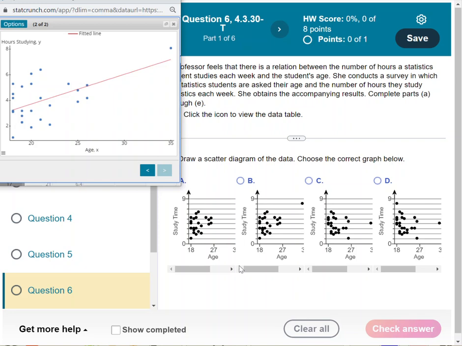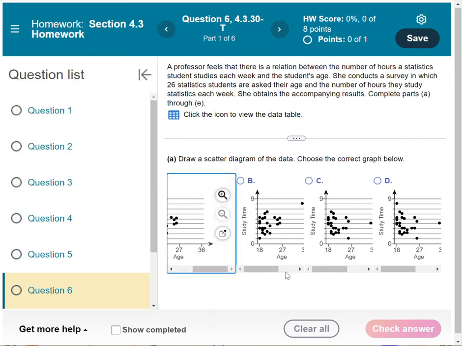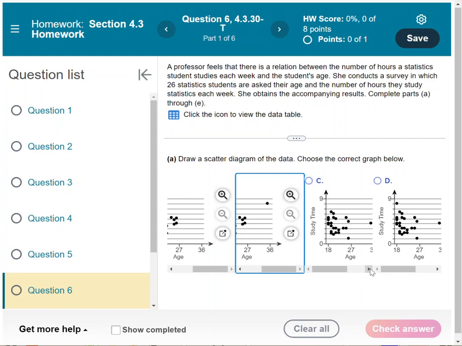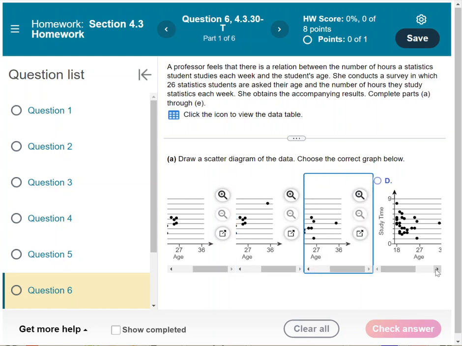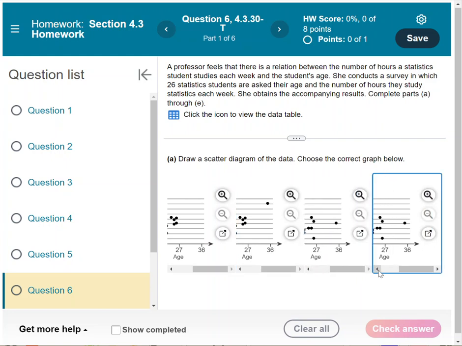Alright, so let's see if we can figure out which one is the right graph here. So we might need to go to the right to help us see this. There's an outlier on the very right, so it could be that one, or maybe one of these two. So that outlier is at 4, here it's at 3, and here it's at 7.